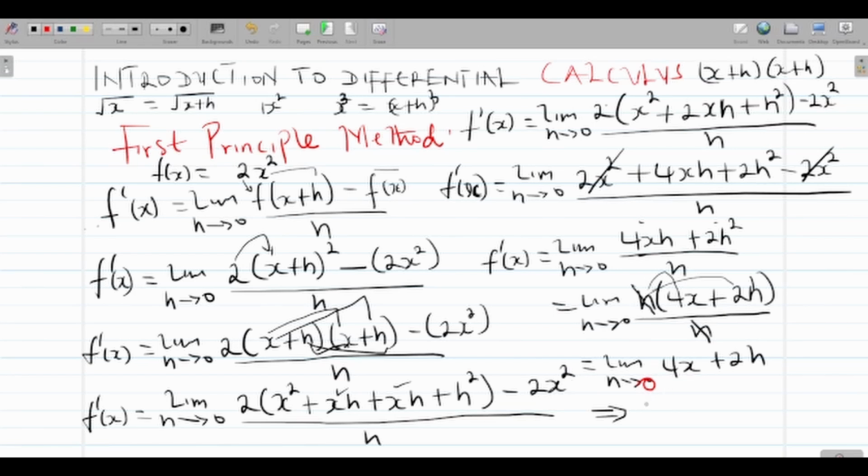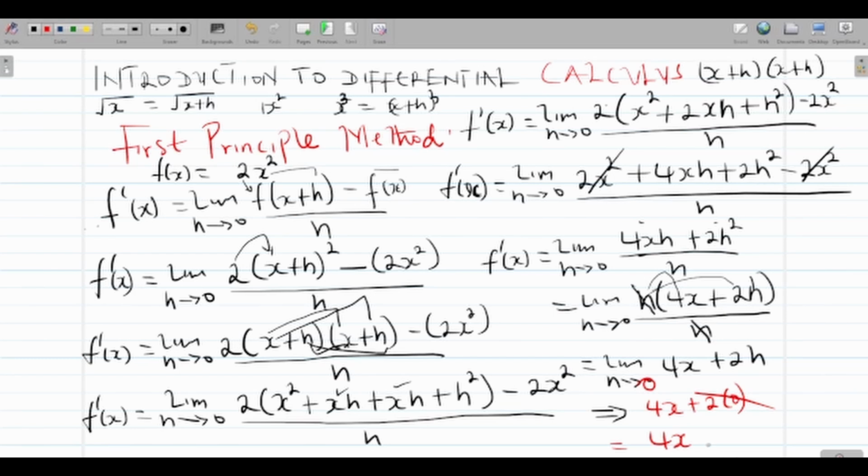So this will now become 4x plus 2 multiplied by 0. We've evaluated the limit, and that was why we stopped writing the limit. Now, 2 times 0 gives you a 0. Therefore, your f prime of x is equal to 4x.